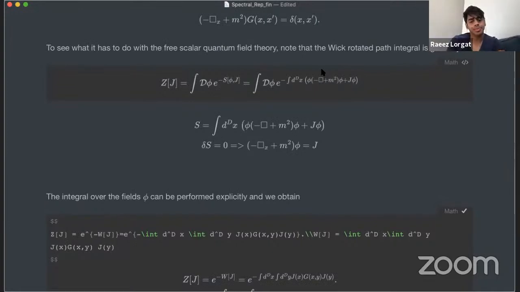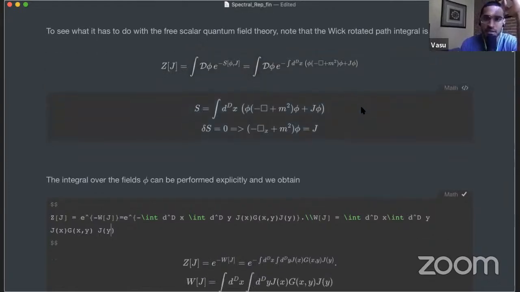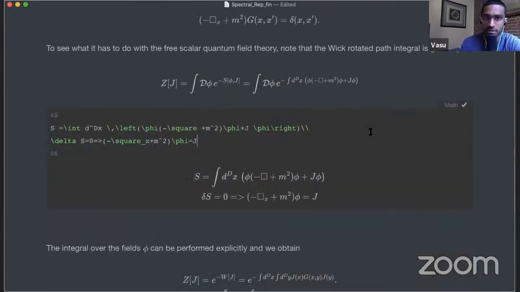Its purpose is to compute time-ordered correlation functions through varying with respect to j. If you wanted any other kind of correlation function, you actually have to stitch together different path integrals. You have to choose very weird time contours if you wanted to compute correlation functions, say at equal times or anything else.